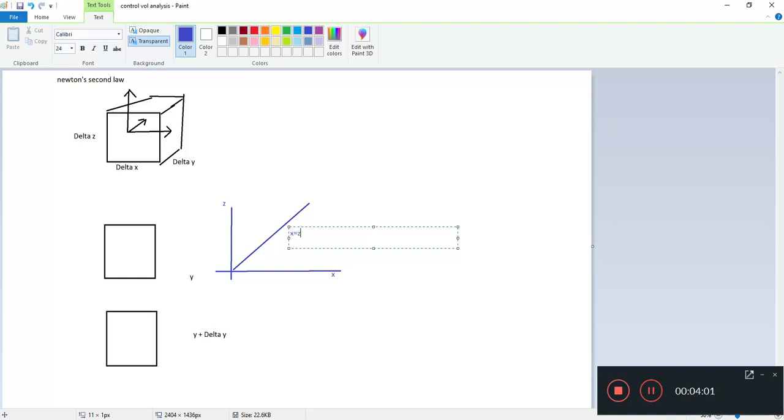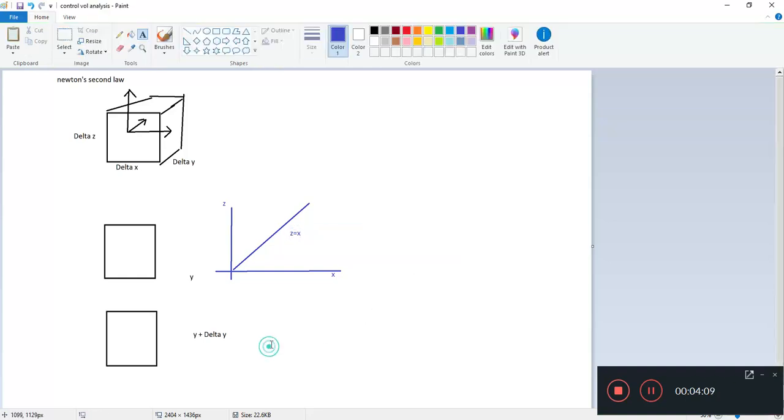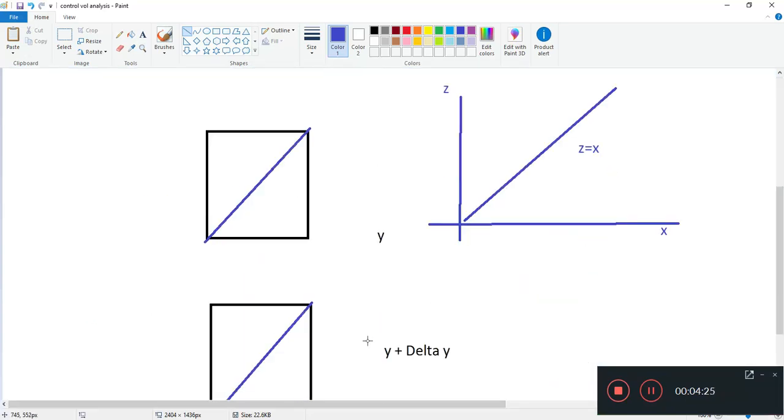Alright, so we draw that line again, like this. And we know the shear stress is pointing towards this line. If you're pointing towards the blue line, you're a positive shear stress. Okay, so let's see what acts in the x direction.